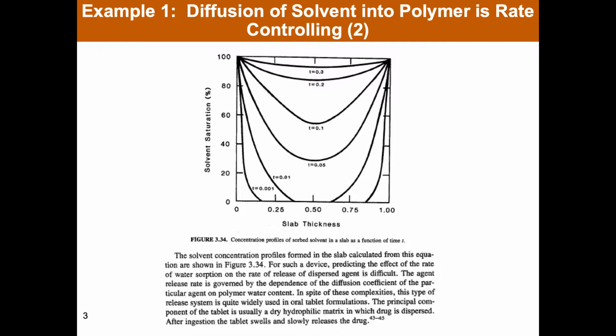And so this shows basically the Fickian release profiles that we've come to see previously, and the diffusion of an active agent out of such a device will follow closely the rate at which water or solvent is imbibed.